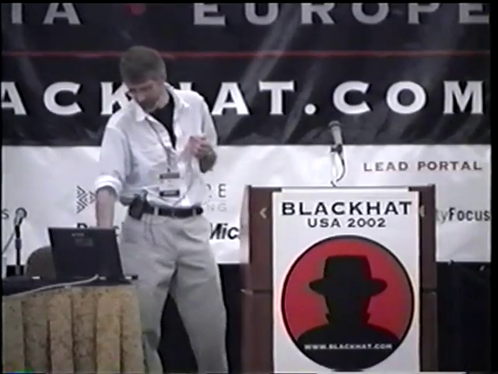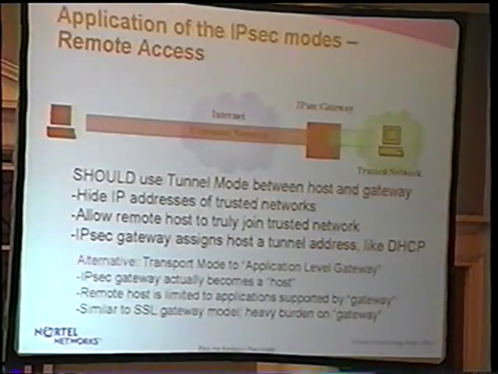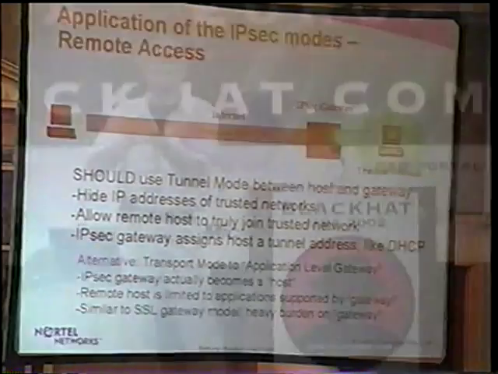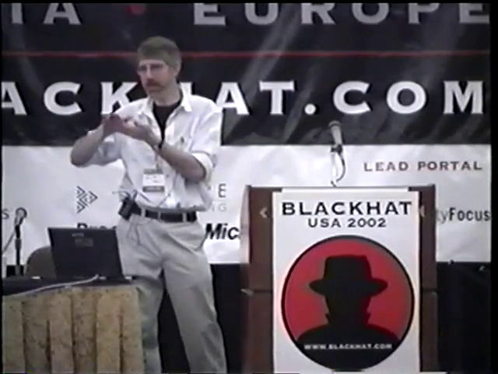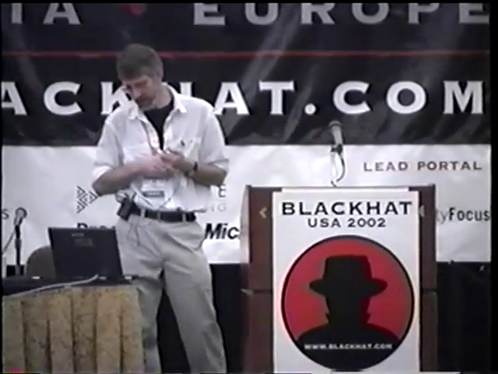Now, another thing is it's possible to use transport mode to an application level gateway. In this case, the IPsec gateway is not really acting so much as a true IPsec gateway. It's acting more like a host. So it's talking as a host to the client, and then it acts as an application level gateway and forwards the packets, may do some transformation on them in order to get them to the destination.